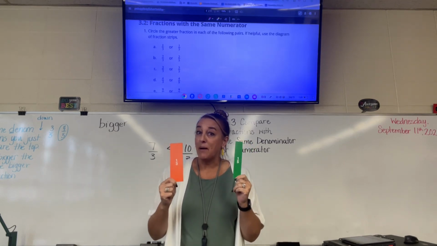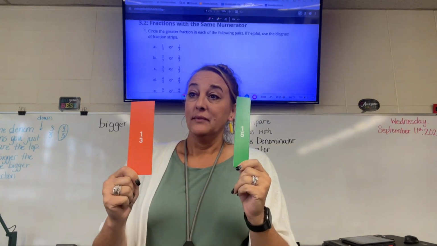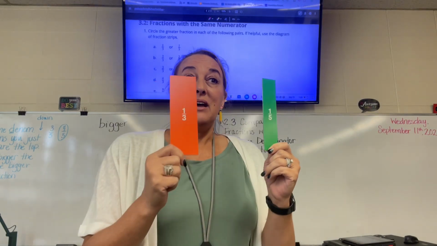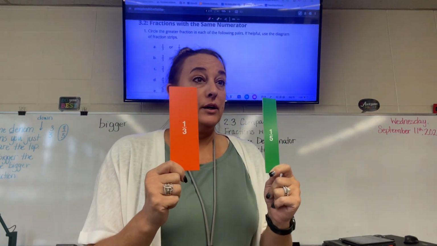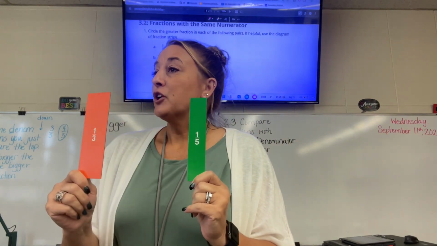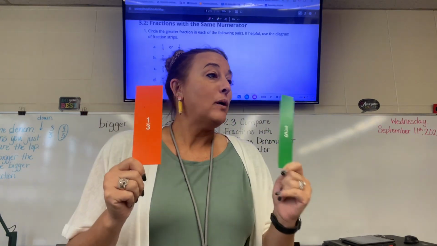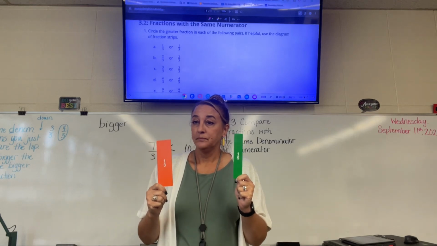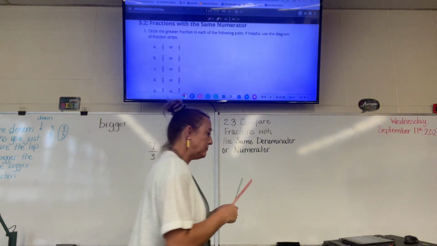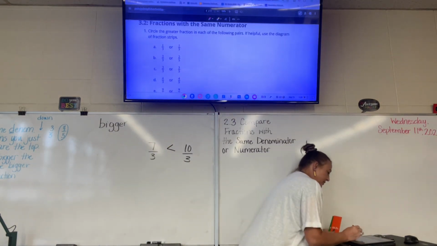But when it's on the bottom of a fraction, the part is smaller. Put your hand down. I'm not calling on anybody right now. Okay, so if you're comparing a 1/3 size piece to a 1/5 size piece, which is bigger? The third. The third, right? So go ahead and circle 1/3.